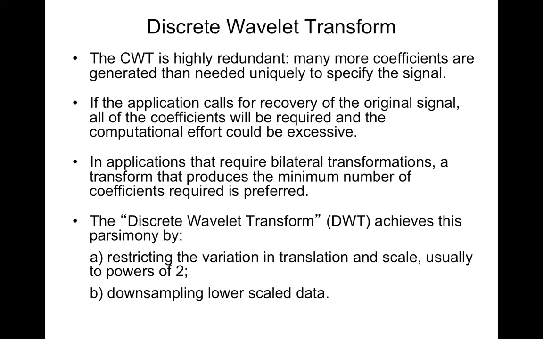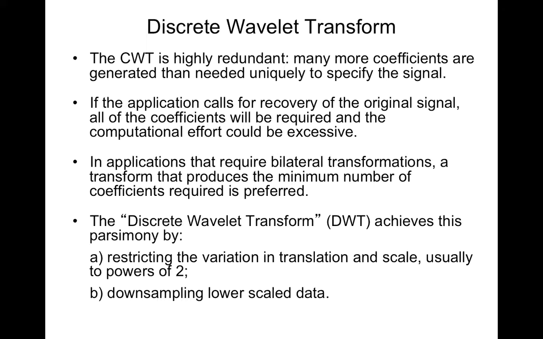They contain redundant information. So if your application calls that you recover the original signal, then you've got to have all those coefficients and quite intensive computational effort. So when you require a bilateral transform, in other words, a forward and a backward transform, then you really want as few coefficients as possible. And that's done by the discrete wavelet transform.